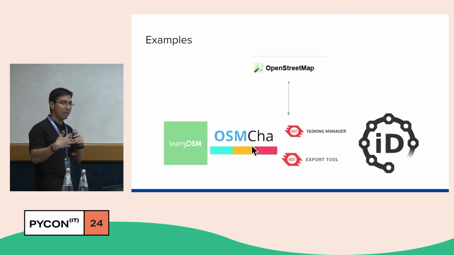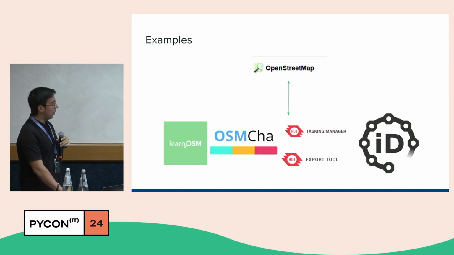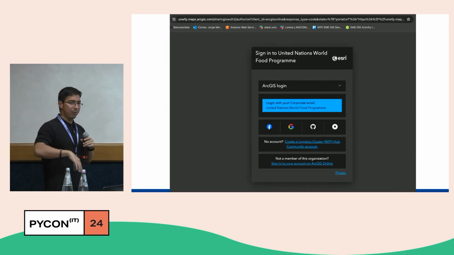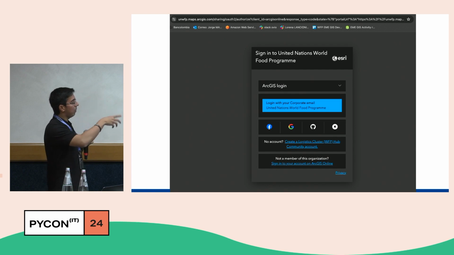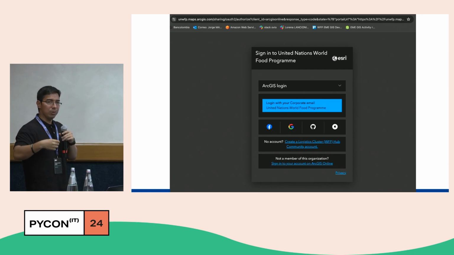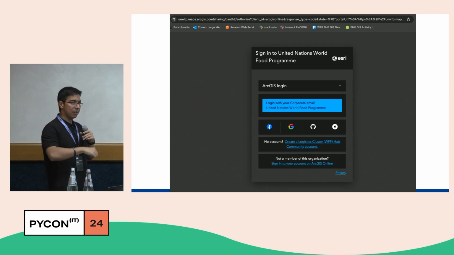There is no single maintainer for all of them. Each one has its own maintainer, but they go through OSM and access. But it doesn't necessarily mean that applies to apps that you're going to build from scratch. In WFP, we access through a service called ArcGIS, which is from Esri. And Esri has internally implemented the OAuth and the OpenID protocols. So in that way, users from WFP can access with their corporate accounts.